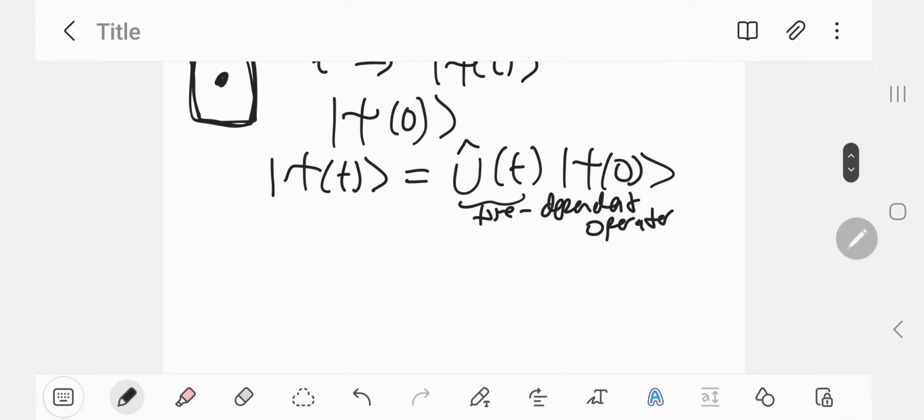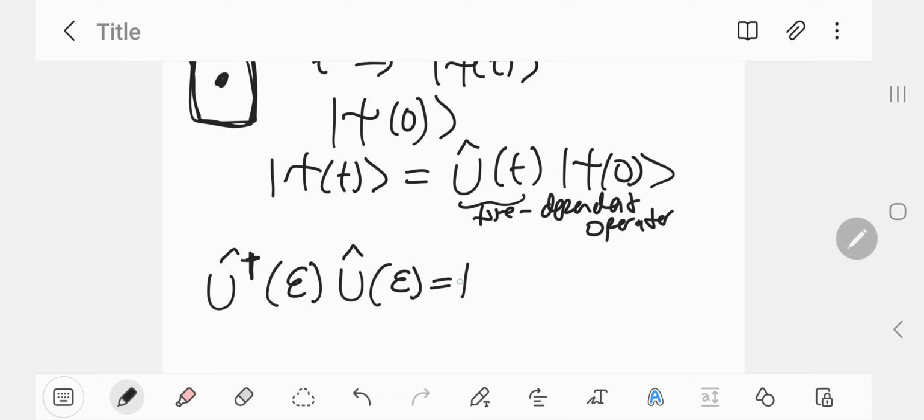So let's take the time evolution operator for some small infinitesimal epsilon, some small amount epsilon. We'll make use of the following relation for unitary operators. We're going to assume that the time dependent operator is unitary, which means that it'll satisfy this.